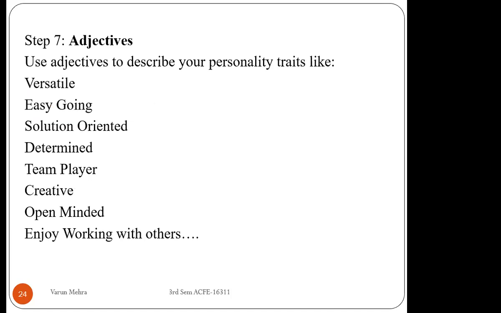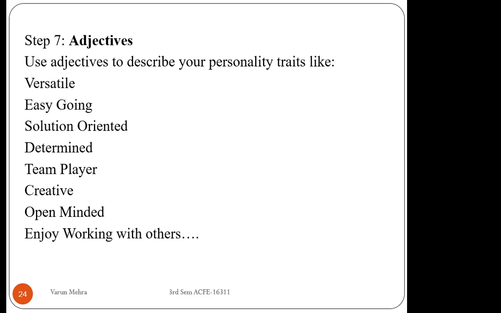After talking about your qualification, it is the time to tell what kind of personality you have. You can use positive adjectives to describe your personality, like you are versatile, very easygoing, solution oriented, determined, a team player, creative, open minded, you have group leader qualities, you enjoy working with others.